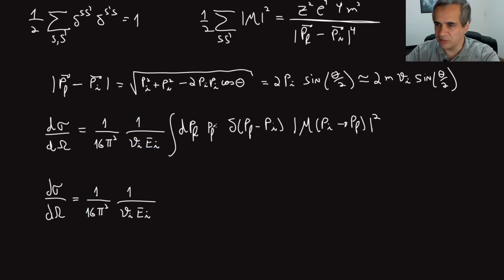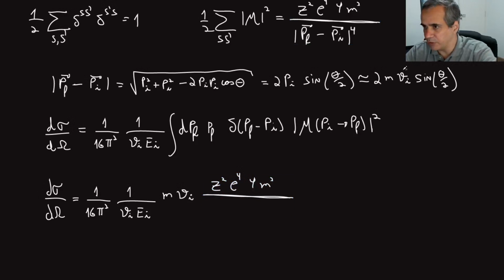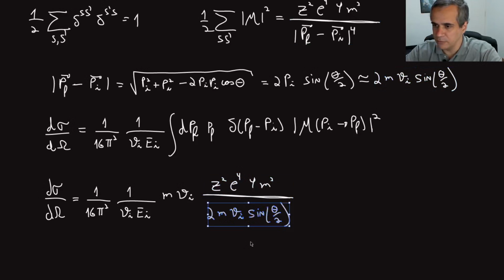This integral is just done using this delta. So PF will be in fact PI, and for PI I use the non-relativistic approximation, which is just m times the speed, the initial speed. And then I copy this formula down here. It's just m squared, and I exchange this part by this to the fourth.